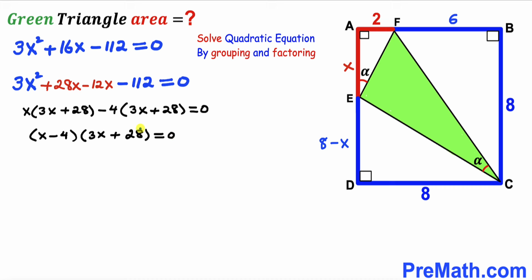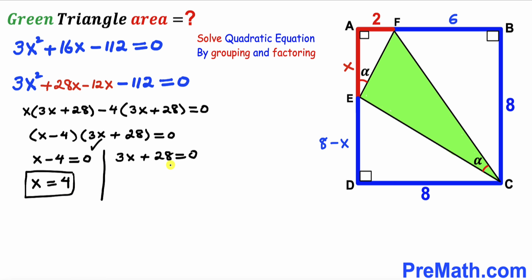And now we are going to separate these 2 factors. So therefore for this first equation, our x value simply turns out to be positive 4 units. And for this second equation, our x value is going to be equal to negative 28 divided by 3 units.